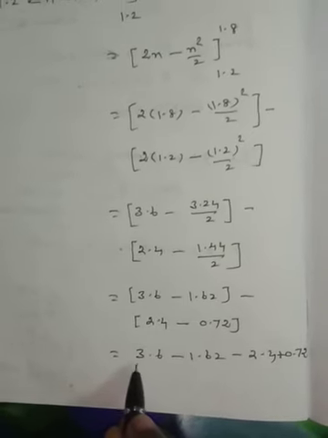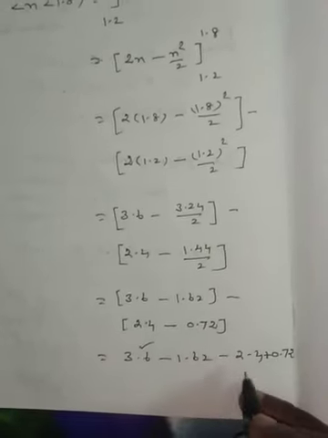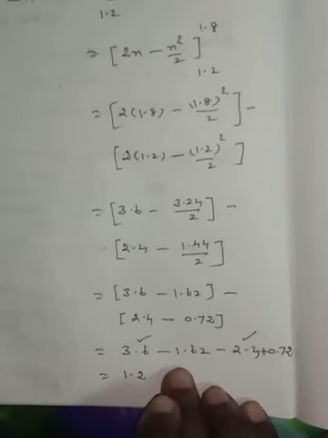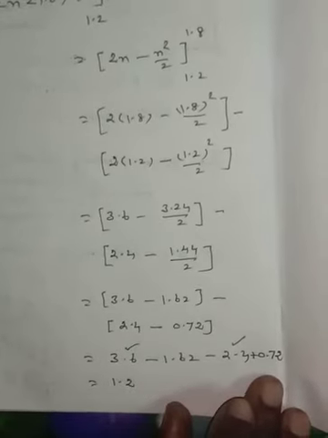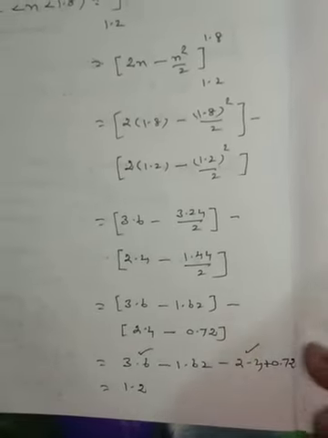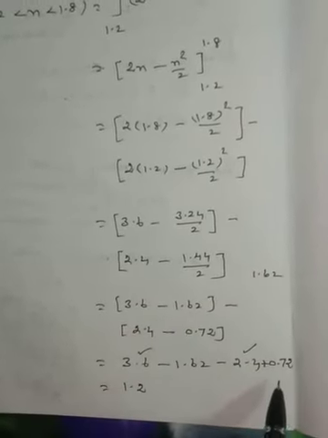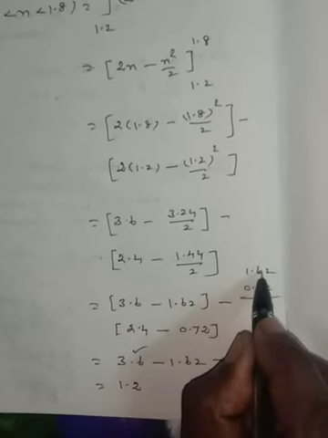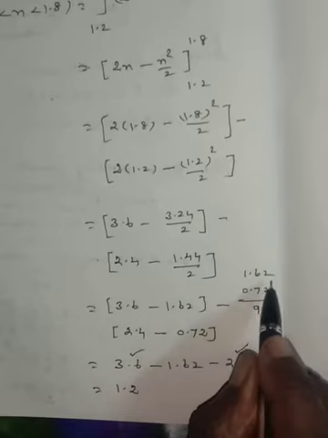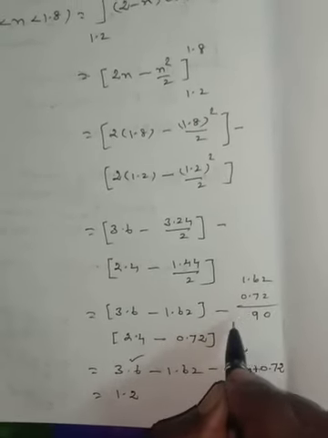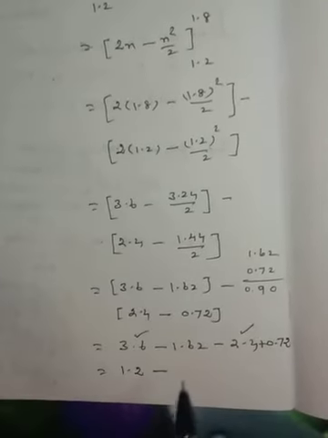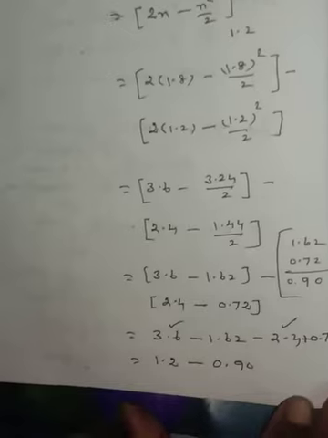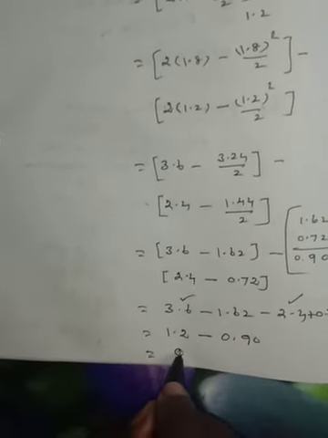So 3.6 minus 2.4 is 1.2, minus 1.62, plus 0.72, which gives 0.30. So the answer is 0.3.